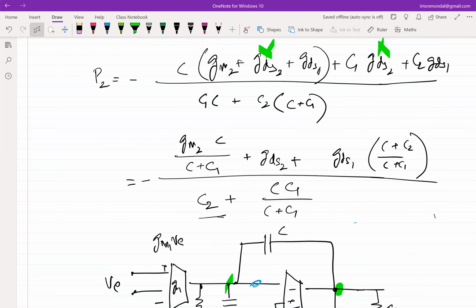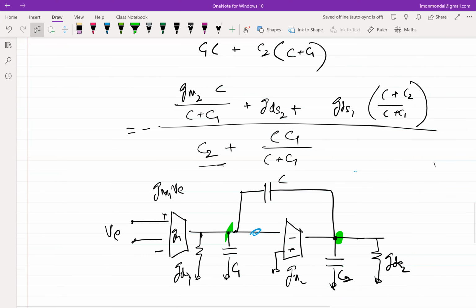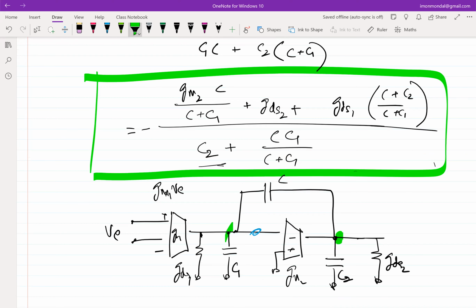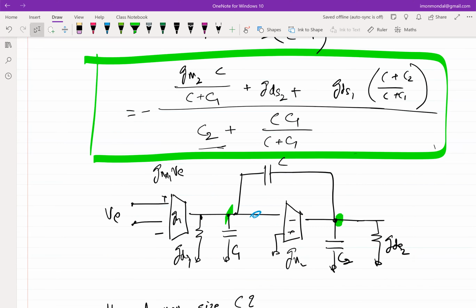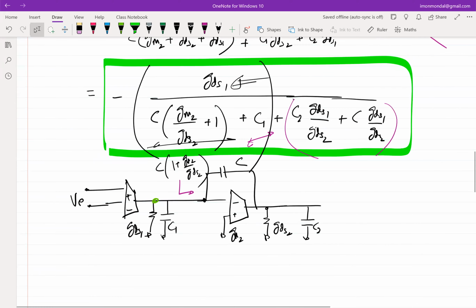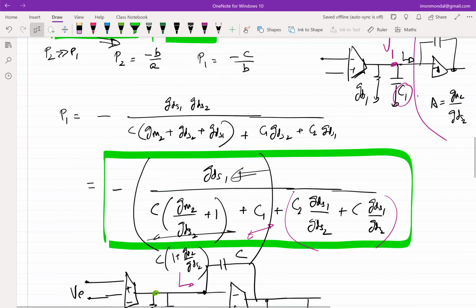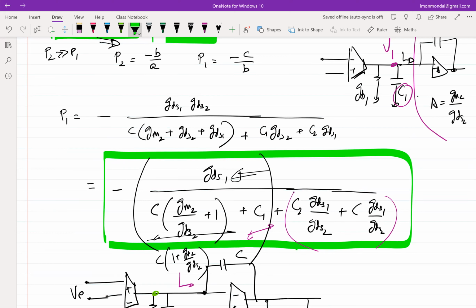Again, you do the algebra with minus C by B and all those things, and you get a weird term. After some massaging of the expression, this is what you end up with. These two terms don't have any physical meaning. Simply because we are approximating, there will be some terms which don't have any physical meaning.